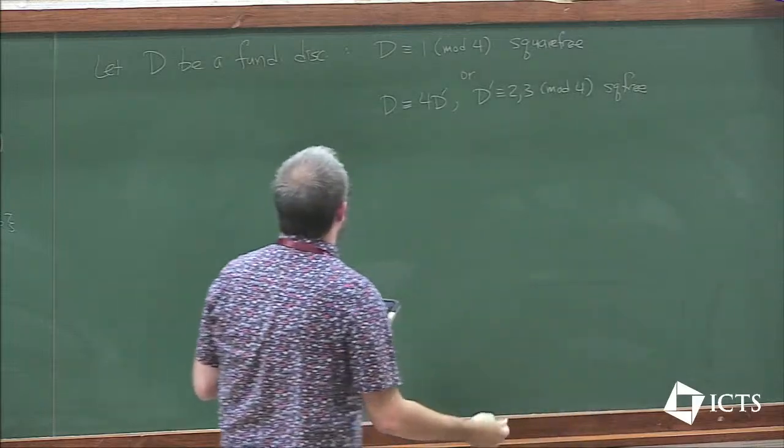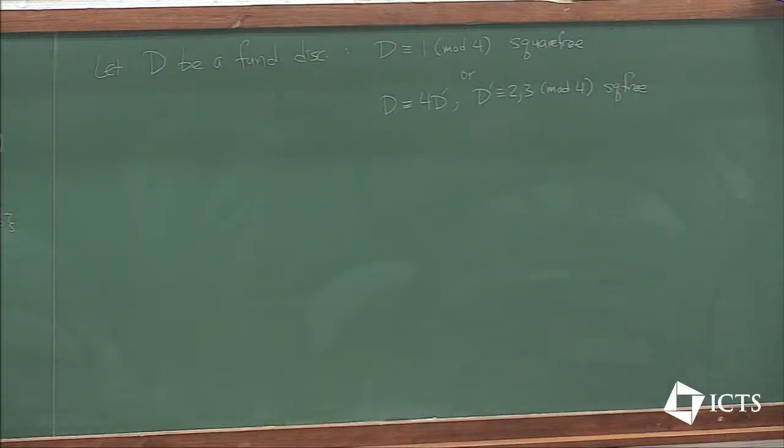I guess this isn't really a definition so much as a property. Maybe a definition would be that D is the discriminant of a quadratic field. So it's going to have this form.